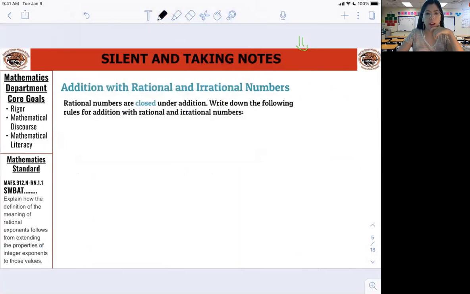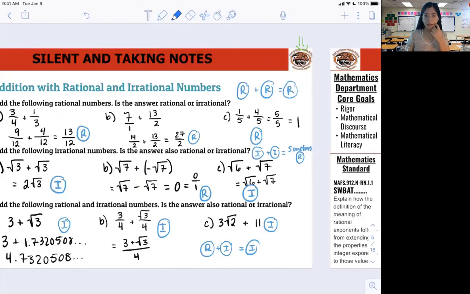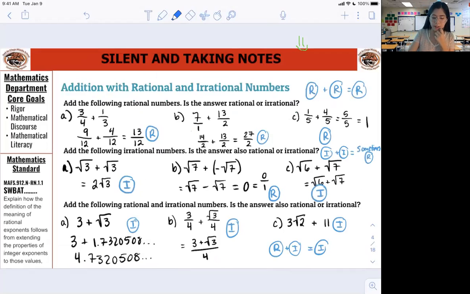It says, rational numbers are closed under addition. So what that means, this is kind of a new word, closure, closed. When something is closed, what it means is that when you start off with one thing and you add it together, you end up with the same type of thing. Let me explain that. We already established that rational plus rational equals rational.